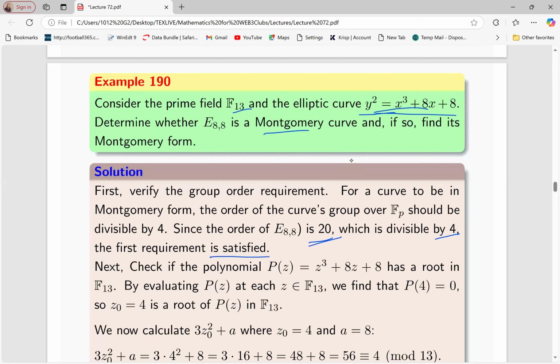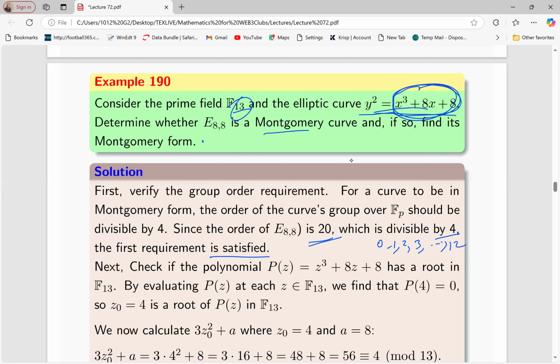We proceed and pick this and see whether it has a root. So we want to try all values from 0, 1, 2, 3, all the way up to 12, and I'm using mod 13. Want to try and see which of these is a root.